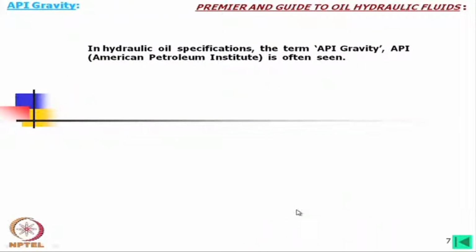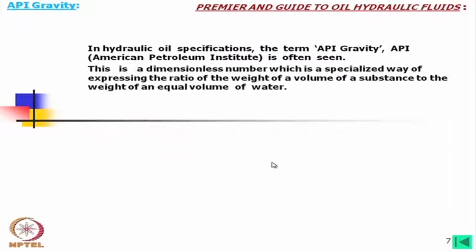In hydraulic oil specifications, the term API gravity, where API stands for American Petroleum Institute, is often seen. This is a dimensionless number, a specialized way of expressing the ratio of the weight of a volume of a substance to the weight of an equal volume of water.